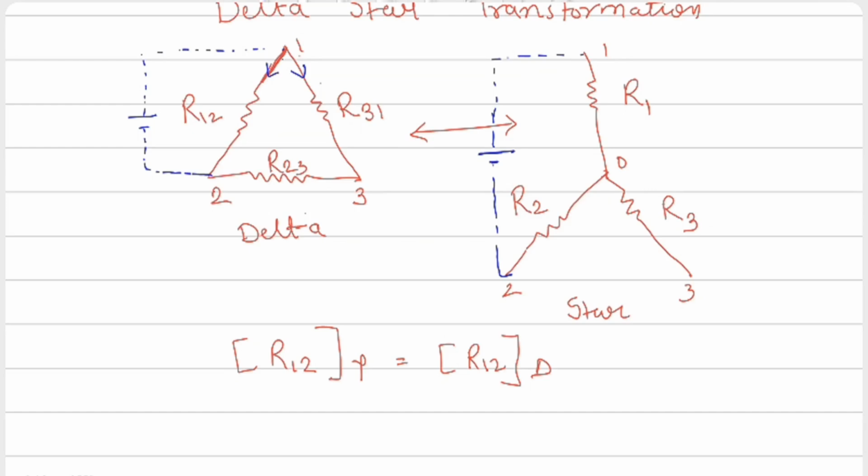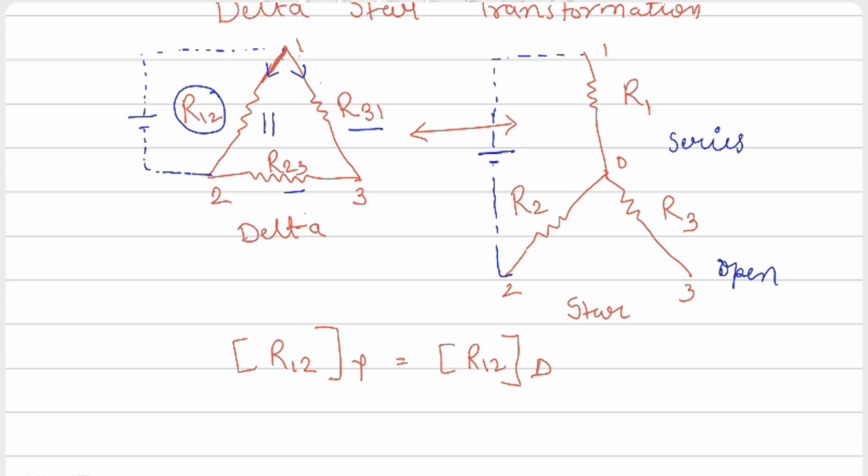So this R12 will be in parallel with the series combination of R23 and R31. Same way for the star connection, these two would be in series since this is open, so there is no current flow. So R1 and R2 would be in series.